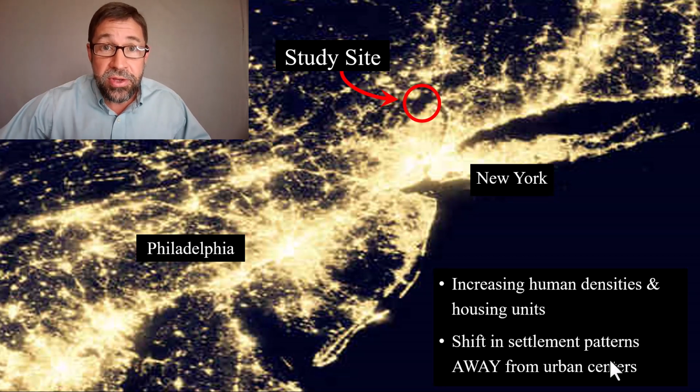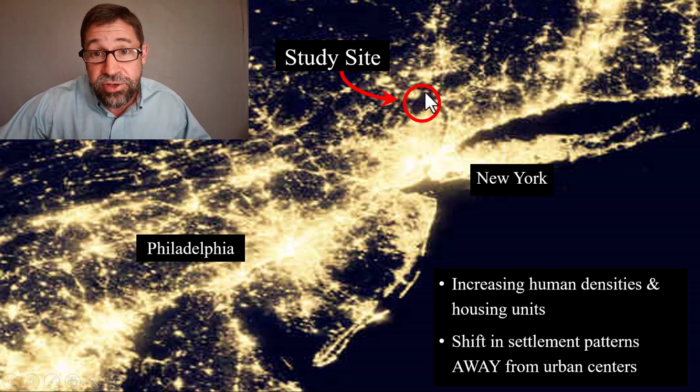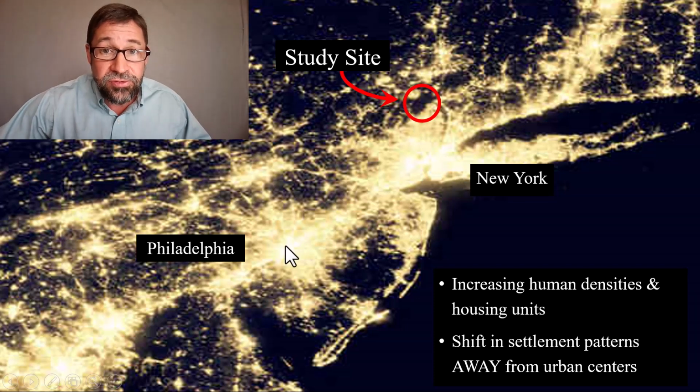So to put this exponential increase in the black bear population in northwestern New Jersey into perspective spatially, we're talking about 3,500 black bears in that little dark spot right there. So there's New York City, there's Philadelphia.